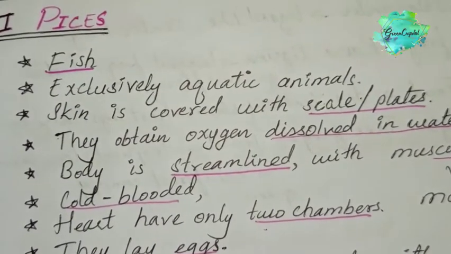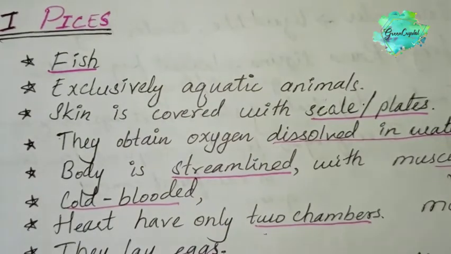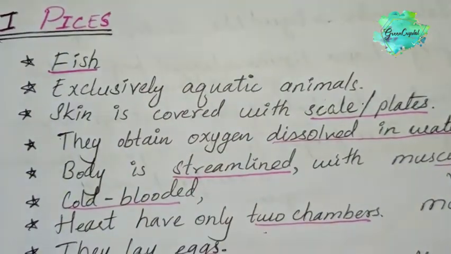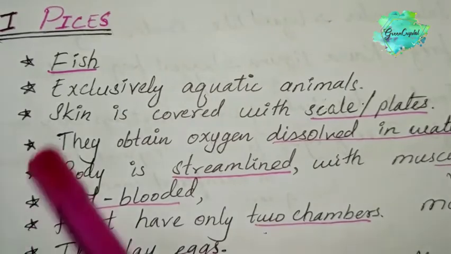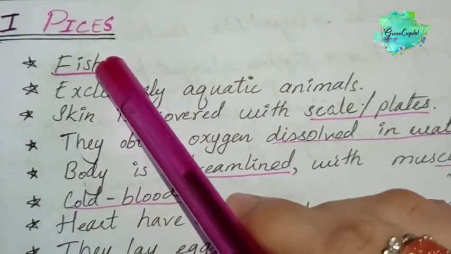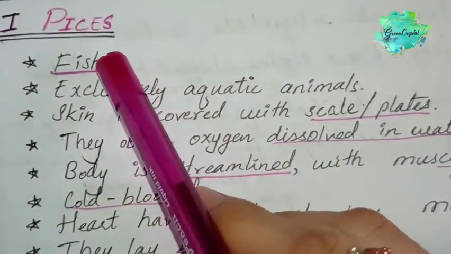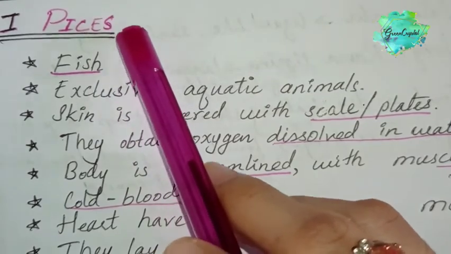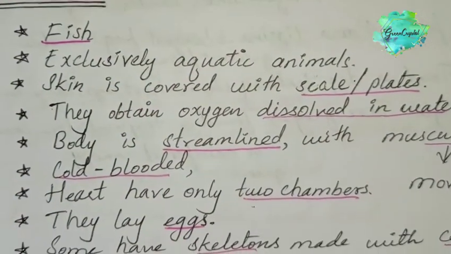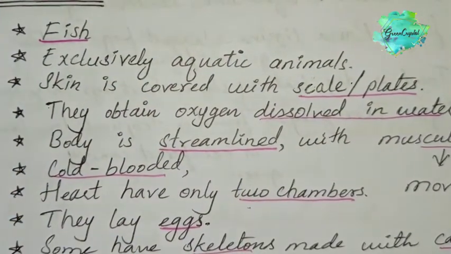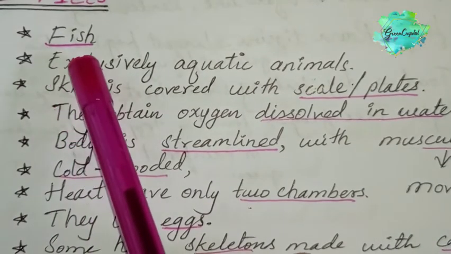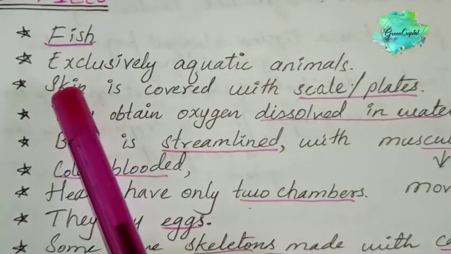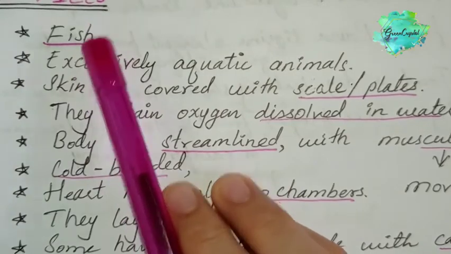So this is Pisces, the first class of the subphylum Vertebrata from the phylum Chordata. These Pisces are all fish. What are the fish we find all around? These all are Pisces.